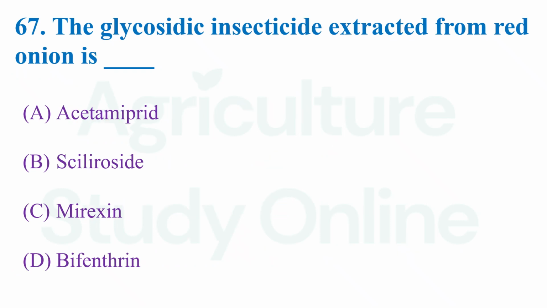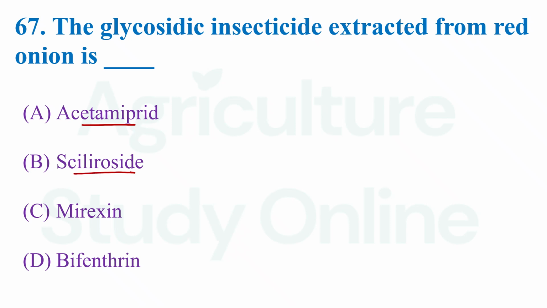Question 67. The glycosidic insecticide which is extracted from red onion is. So first, acetamiprid. So it's a synthetic neonicotinoid insecticide. So it's not a plant-derived insecticide, glycoside. Next, scilliroside.